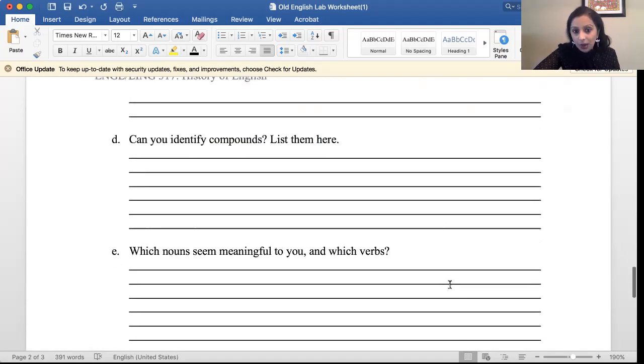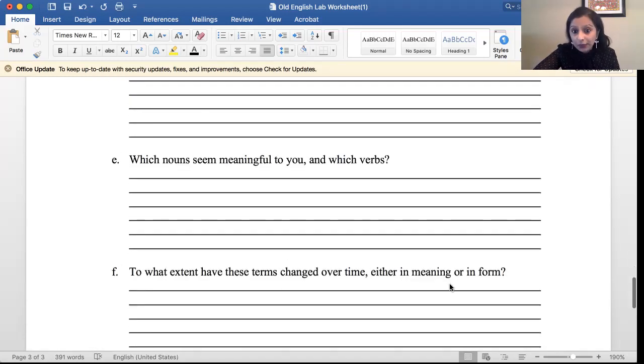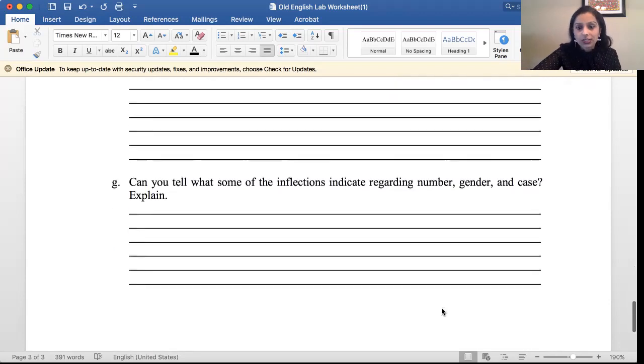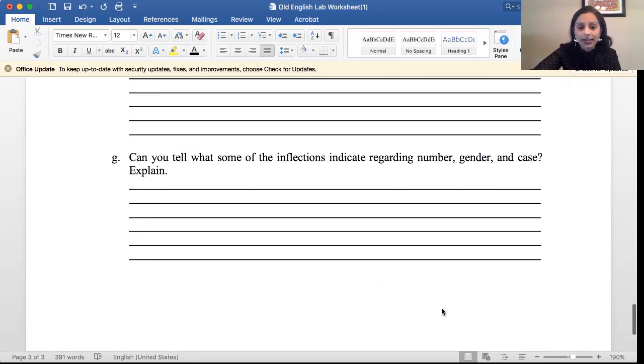Can you identify some compounds and which nouns seem meaningful to you and which verbs? So basically, I'm trying to get you to read an Anglo-Saxon text and identify prepositions, nouns, verbs, etc. And to what extent have these terms changed over time, either in meaning or in form? Can you tell what some of the inflections indicate regarding number, gender, and case?